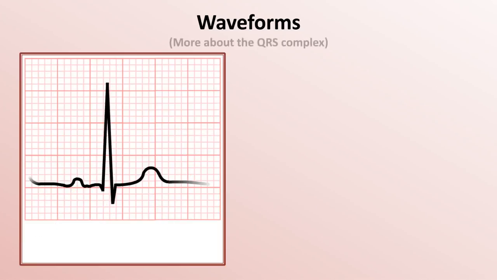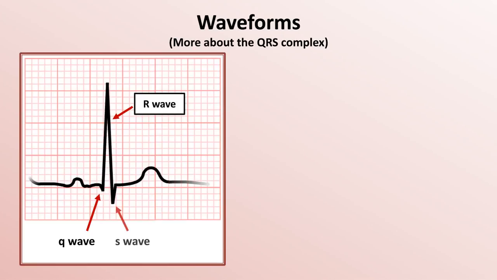A quick word more about the QRS complex. The complex can actually be broken down further into the upwards or positive deflection known as the R wave, the preceding downward or negative deflection known as the Q wave, and the following negative deflection known as the S wave. There are some conventions regarding labeling of the QRS complex, of which you will need to be aware.